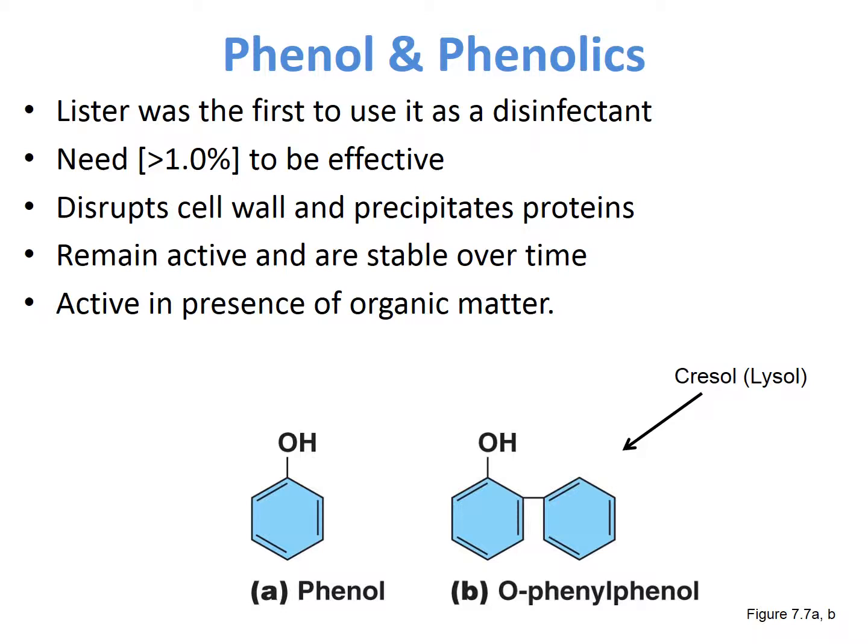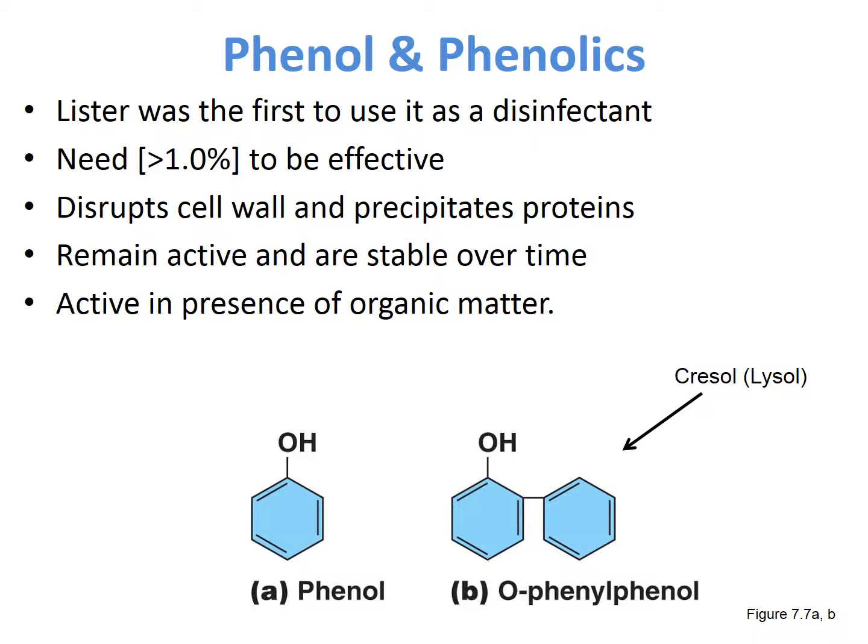In order to use phenol as an antiseptic or disinfectant, the concentration of the chemical must be greater than 1%. Here is the target for your phenols and your phenolics. The main target is the cell wall. This particular compound also has the ability to disrupt membranes.